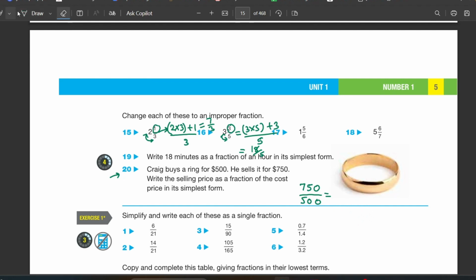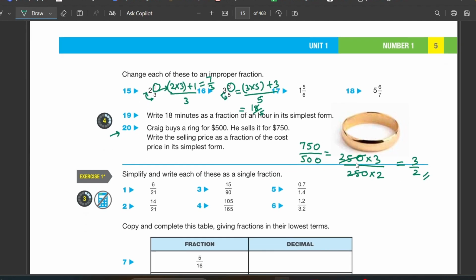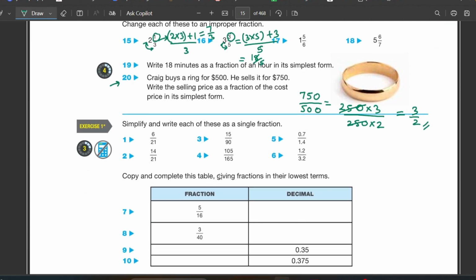This way is the right way, and this will result if we take common factors. 250 times 3 is 750. So 250 times 2 is 500. So these two cancel out, 3 over 2. Like that, it's simple.